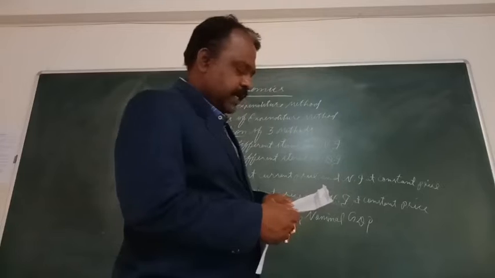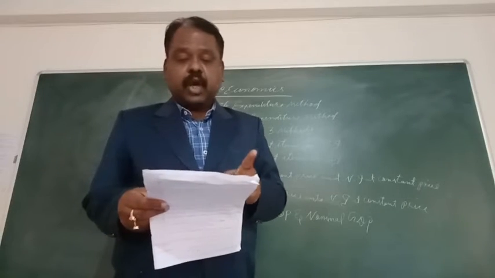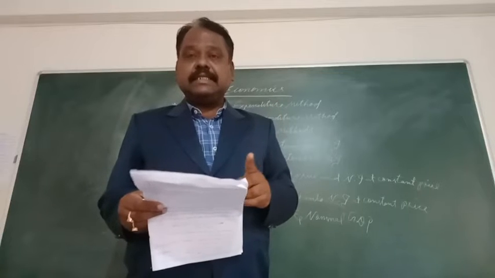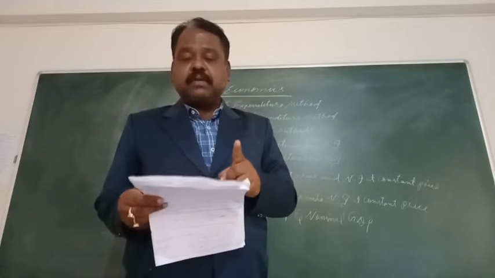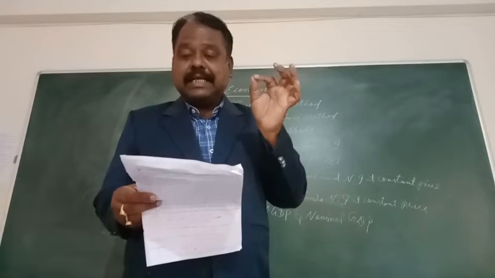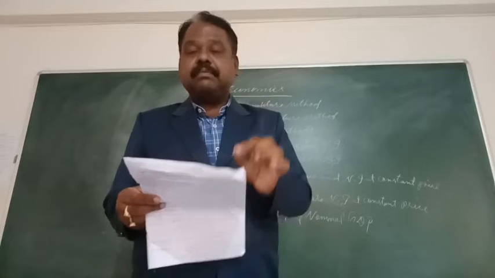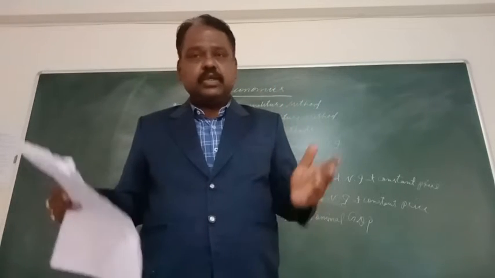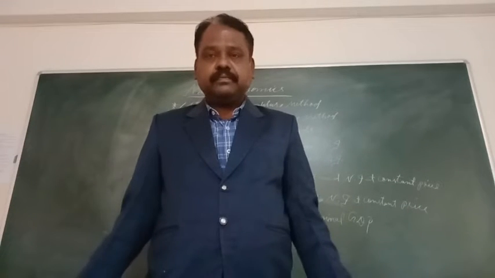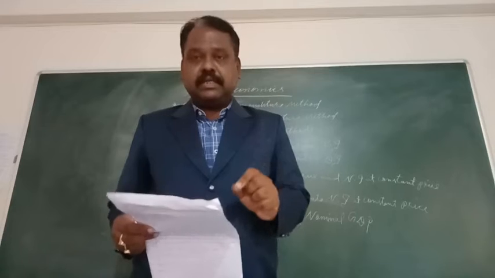National income at current price means the money value of final goods and services produced by a normal resident of a country in a year, measured at the price of the current year. For example, suppose the current year is 2021-22.